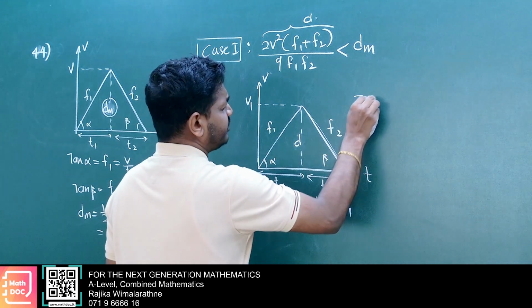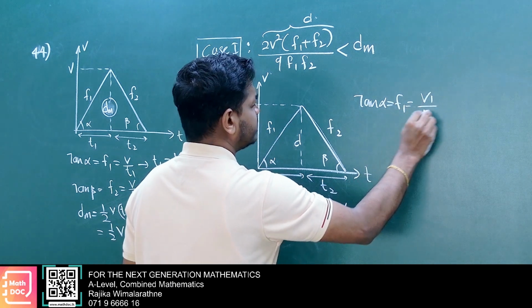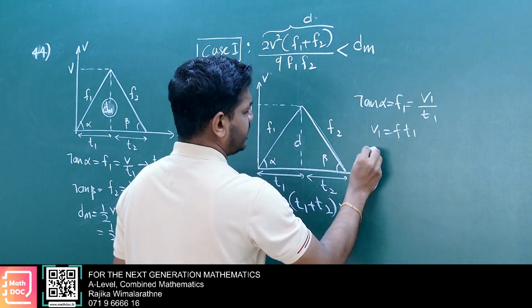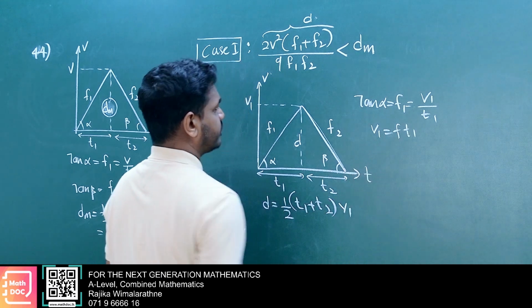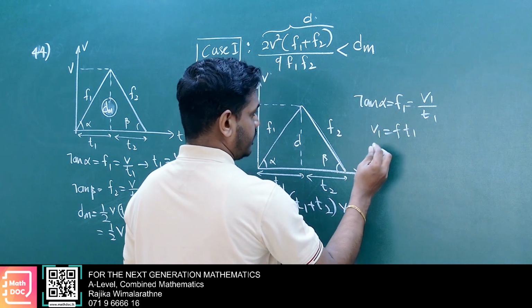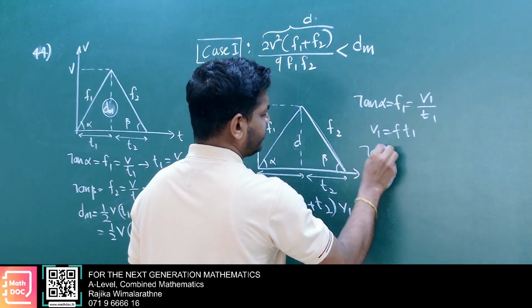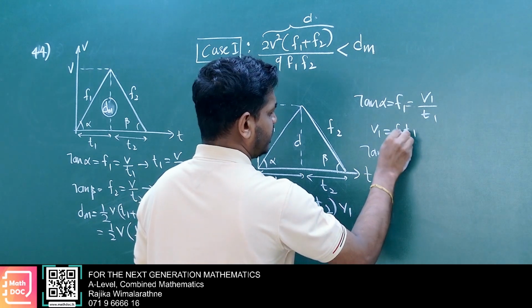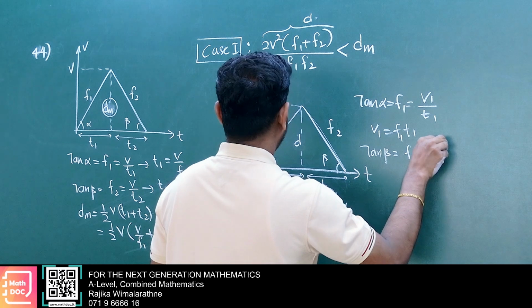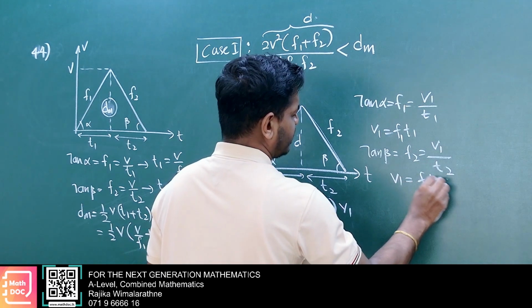Then tan alpha is F1, V1 over T1, then V1 is F1 T1. Then similarly tan beta is F2, V1 over T2, F2 T2.